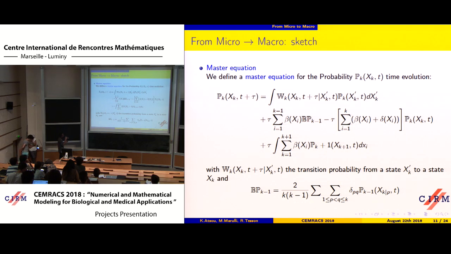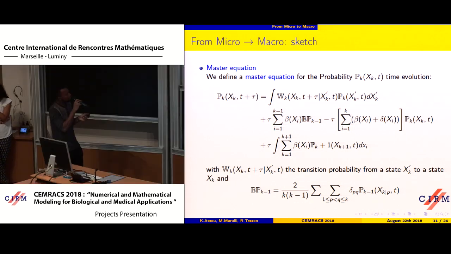So this transition probability, we should expand it and describe it using a formula called the Kramers-Moyal formula.